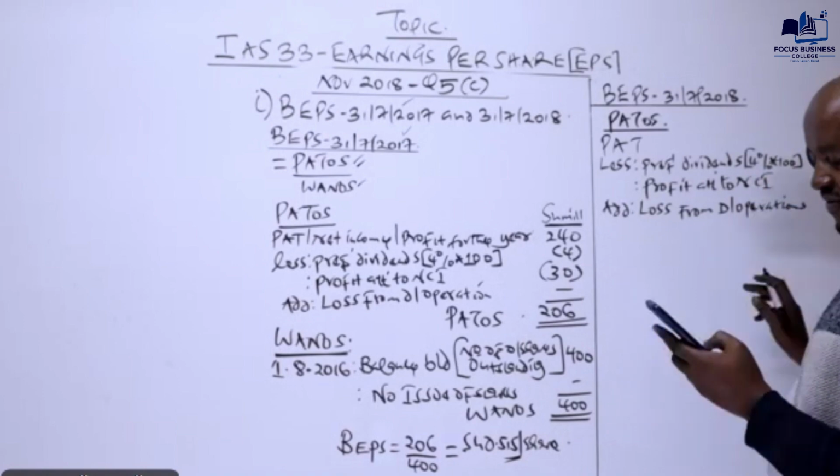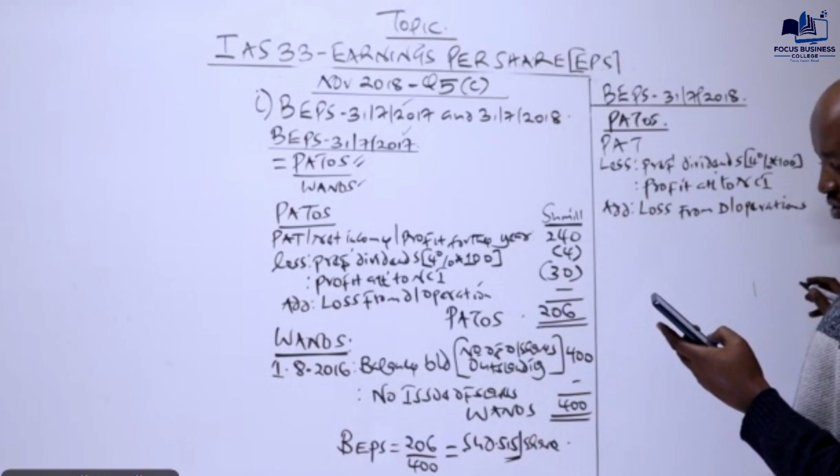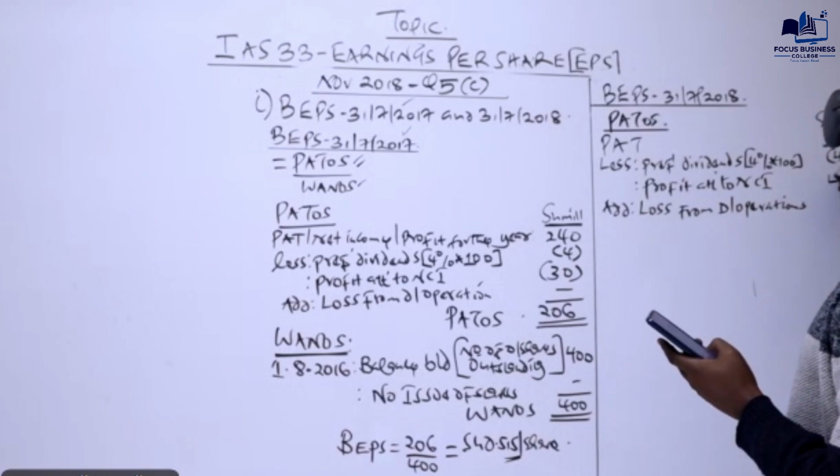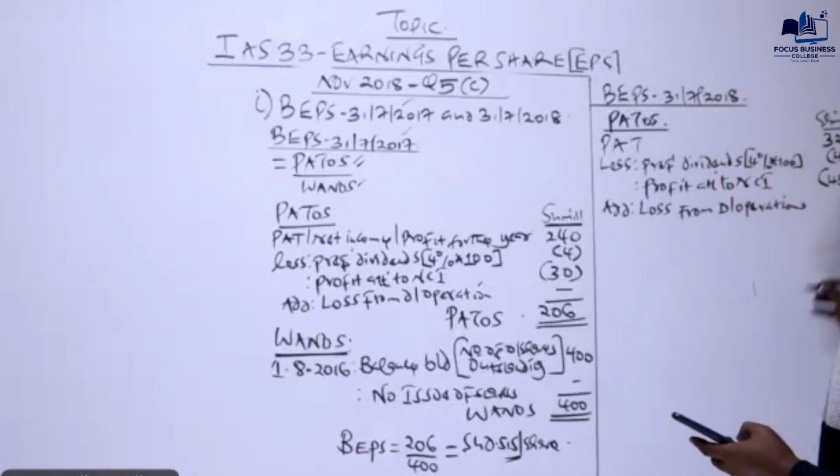And then we also less the profit for the year attributable to NCI. Profit for the year attributable to NCI, how much? 45. And then in this case, do we have any loss from discontinued operation?